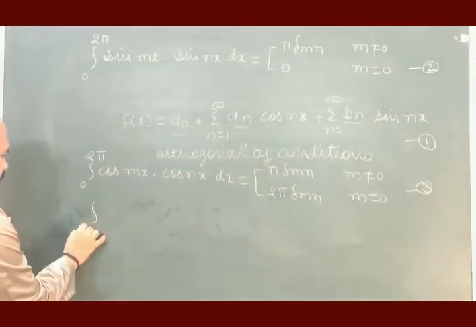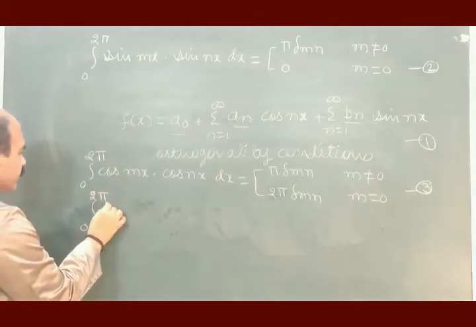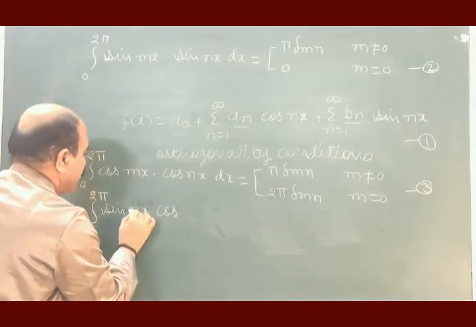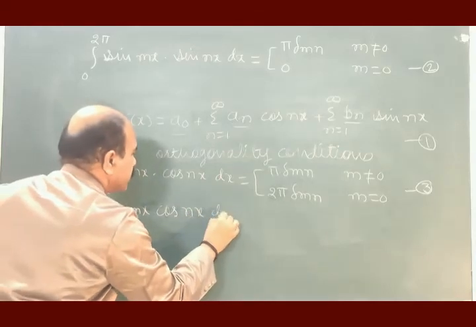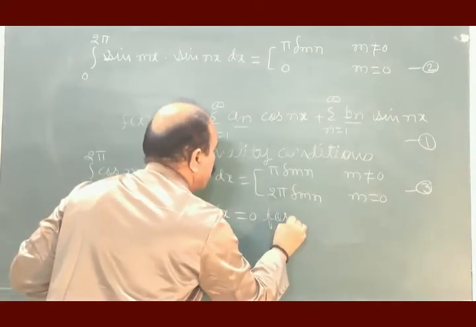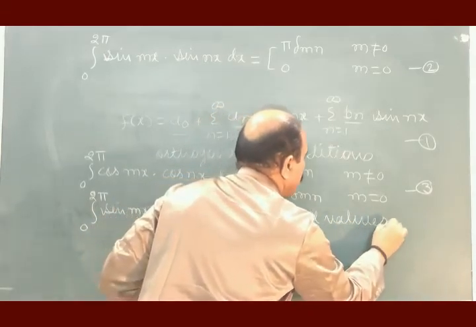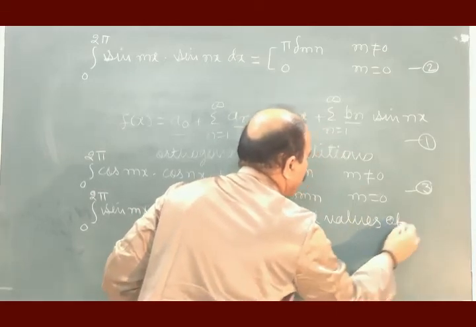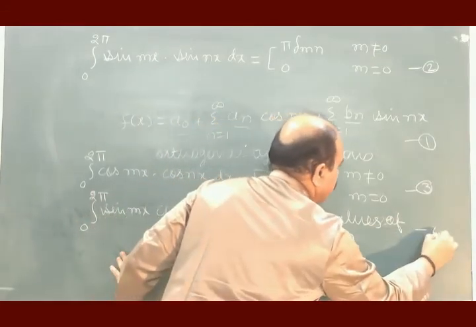And the last orthogonality property is integration of sin mx into cos nx dx is equal to 0 for all values of m and n, equation number 4.